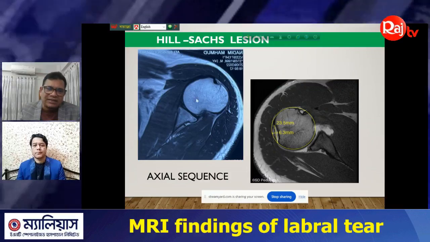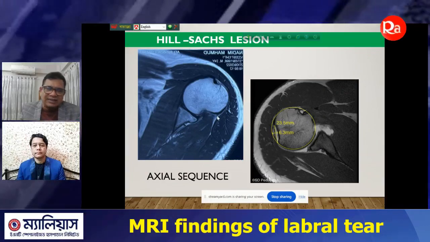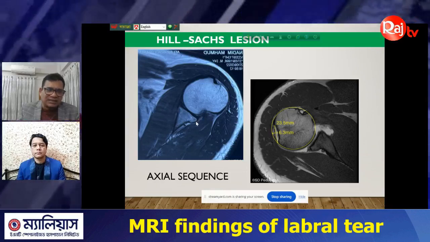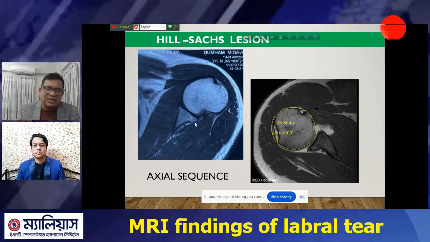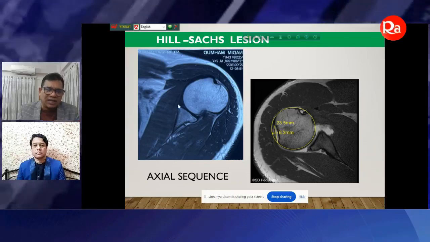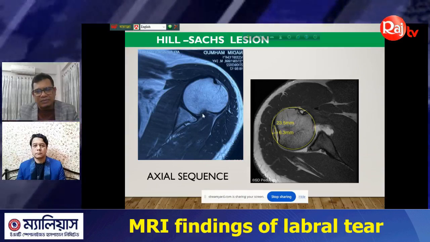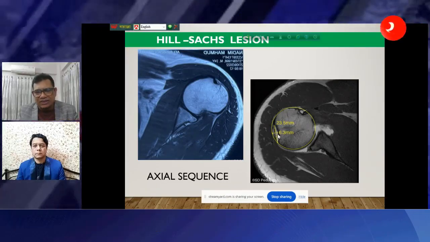Also, when it is an engaging Hill-Sachs lesion, then we also go for remplissage. When it is a non-engaging Hill-Sachs lesion, in this situation we can do only Bankart repair, but for an engaging Hill-Sachs lesion we go for Bankart and remplissage.